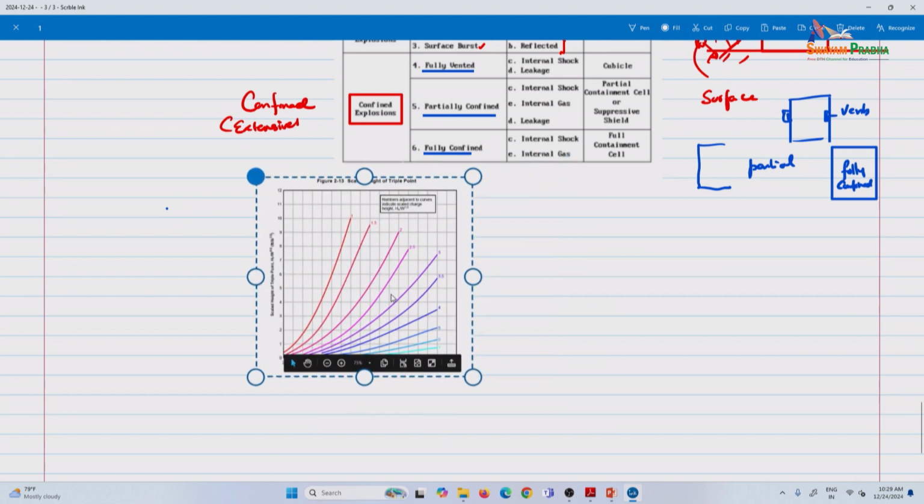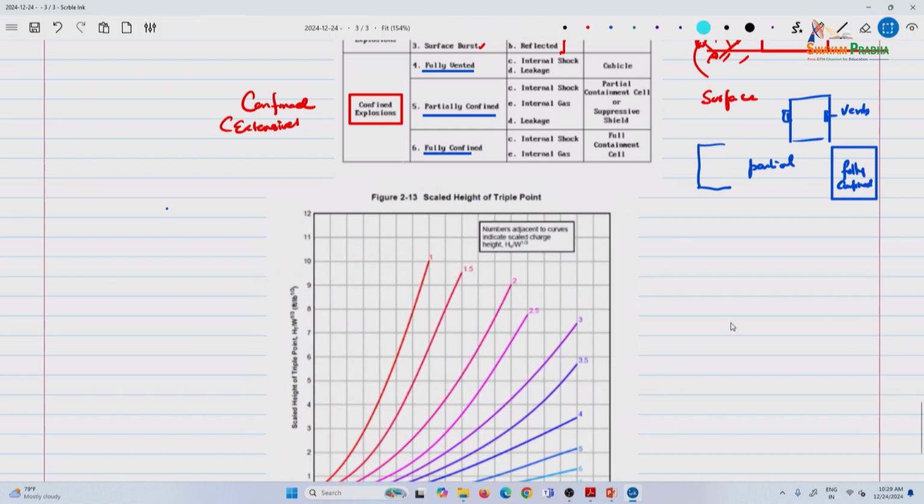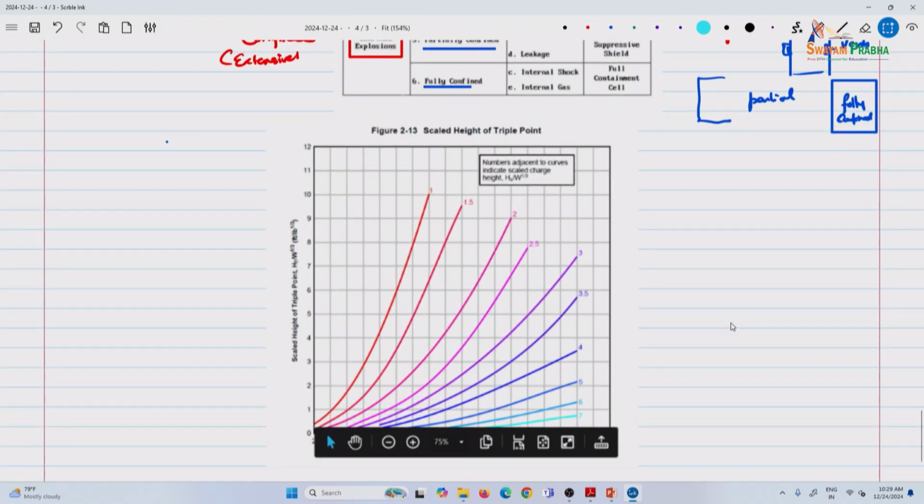If you see this chart, you were asking what is the height of the triple point, right? Yesterday, one of you asked that question. Now, what is a triple point? It is where the reflected wave and an incident wave coincide. So, the height from the ground to that is the triple point.